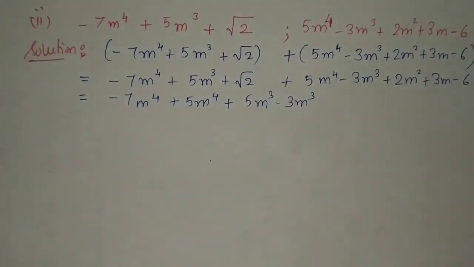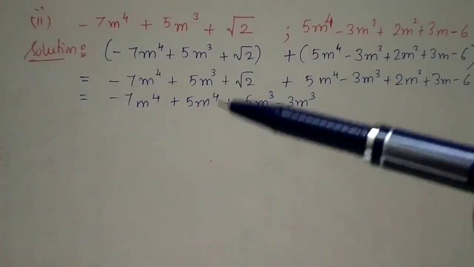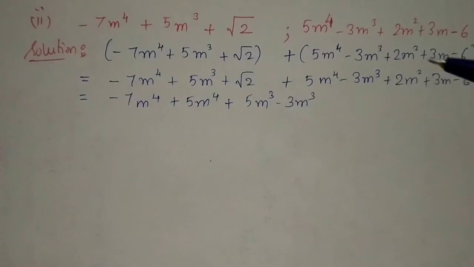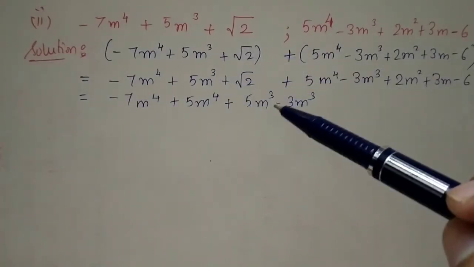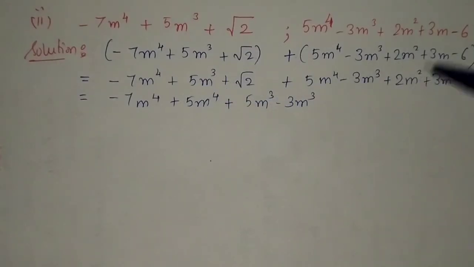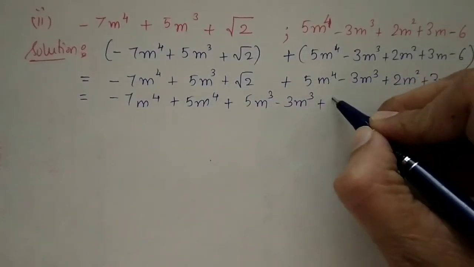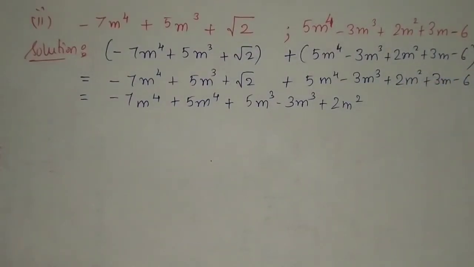So I've written minus 7m to the power 4 and this one together. Similarly this is cube, so 5m cube and minus 3m cube together. Now after cube I'll search for any square. Yes, there is one square here, so that will come here, plus 2m square. Now after m square, m raised to 1, that means only m.